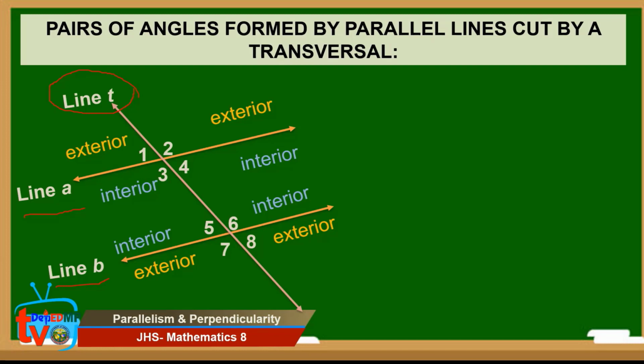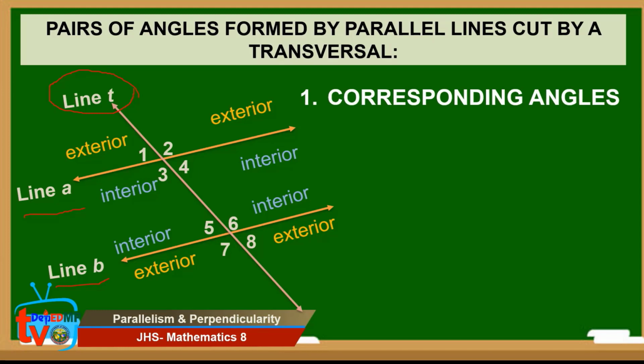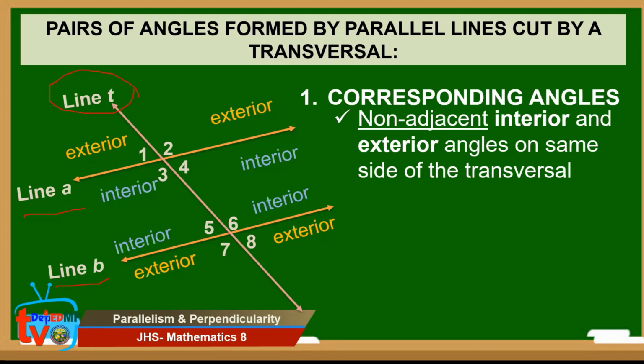Using this figure, here are the pairs of angles. Number 1. Corresponding angles. This is a pair of non-adjacent interior and exterior angles on the same side of the transversal. When we say non-adjacent, this means they do not have a common side and common vertex.